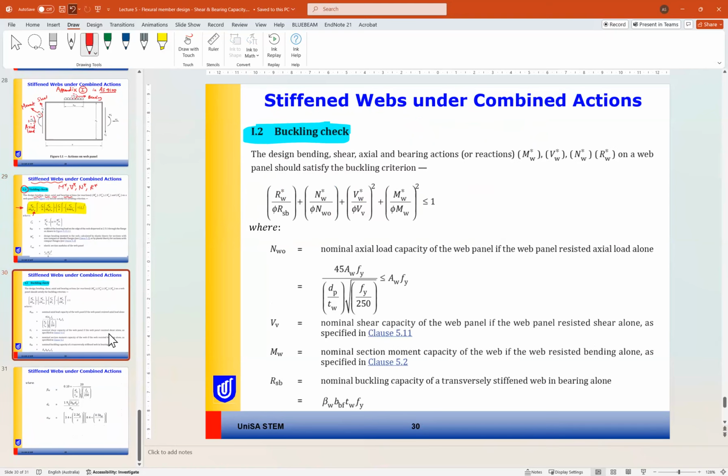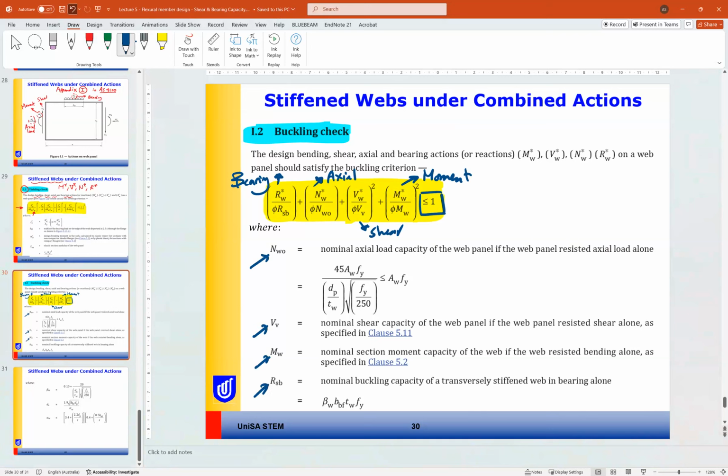For the buckling check, we have another formula. This formula is directly checking R for the bearing load, N is the axial load, V is the shear load, and M is the moment. All of this should be less than or equal to 1, and all the parameters are defined here.